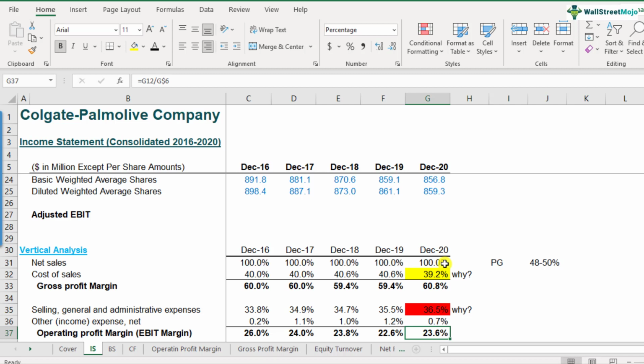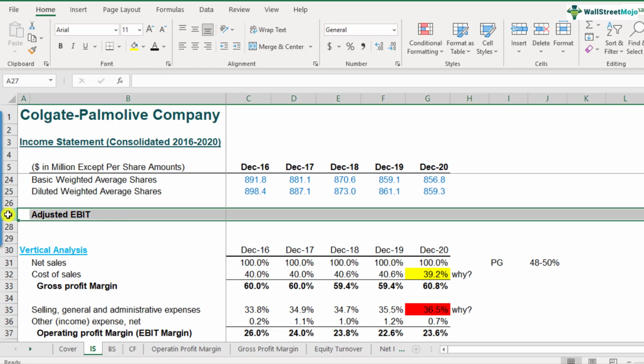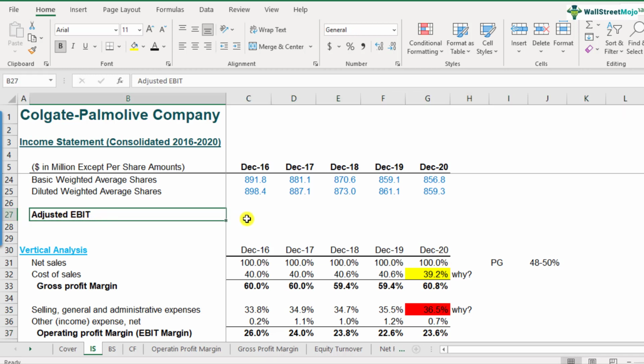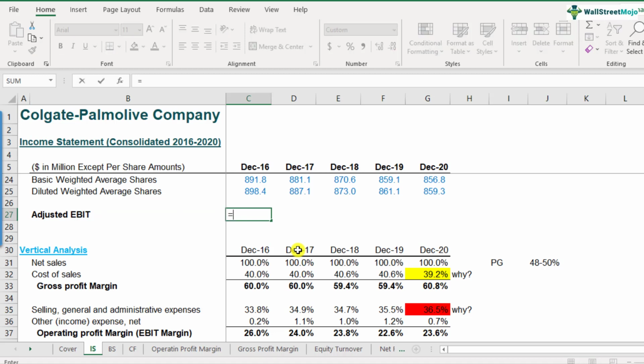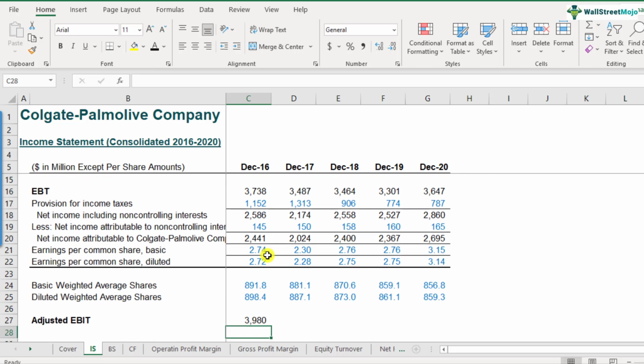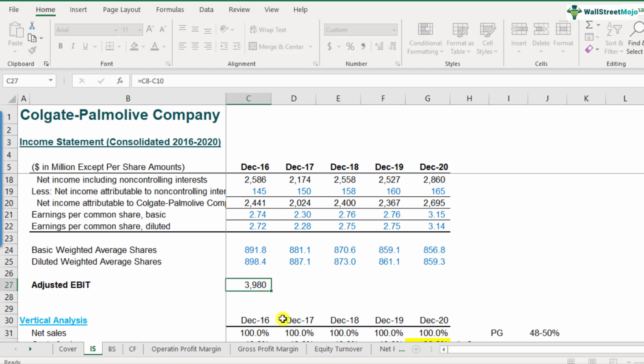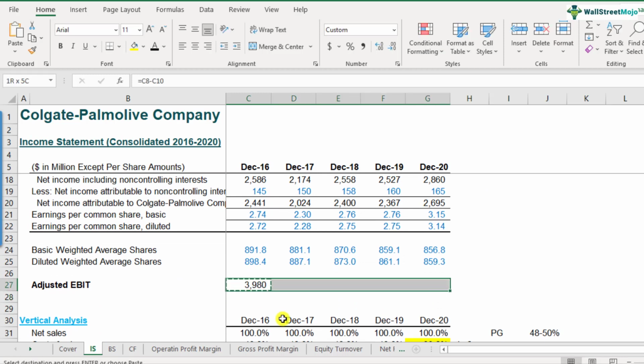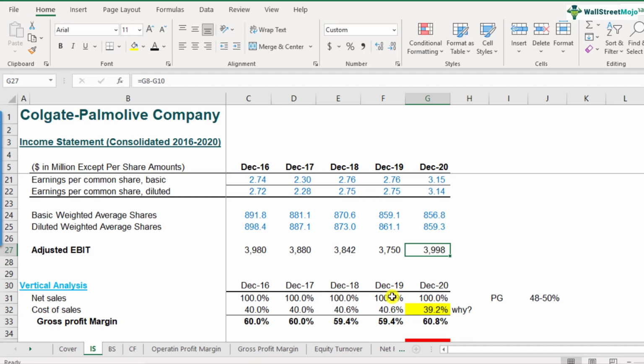For this, I want you to actually come here. That's called the adjusted EBIT. So first we'll adjust the EBIT, which means we'll ignore that other expenses. Here the adjusted EBIT will be the gross profit minus your SG&A expense, where we exclude this as an expense. So this will become your adjusted EBIT, and we will use this number to calculate our operating profit margins.